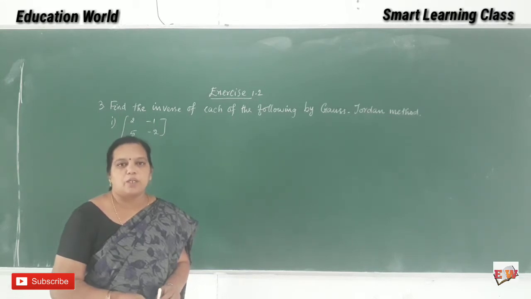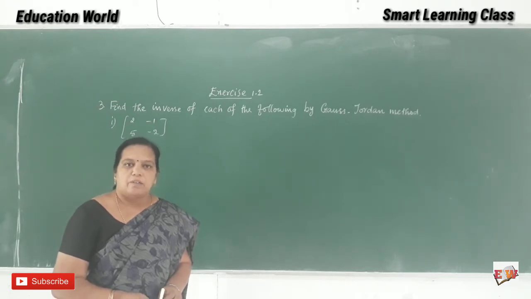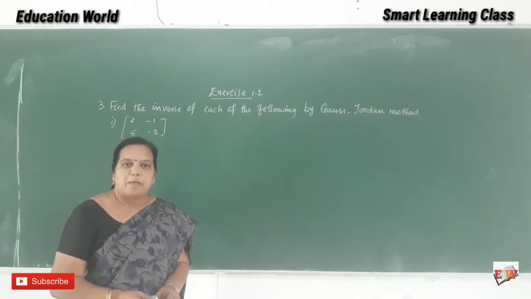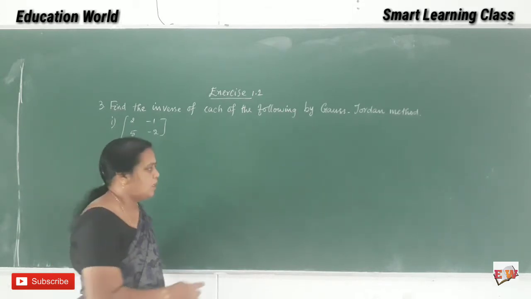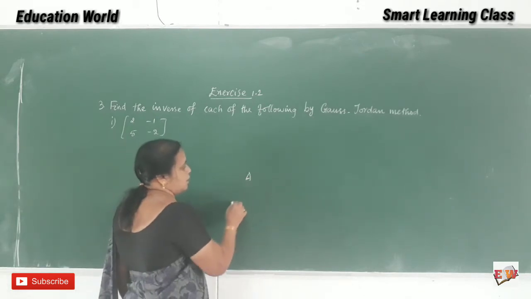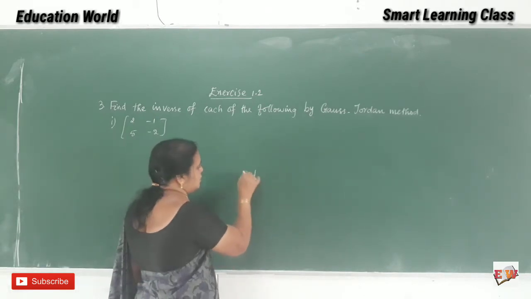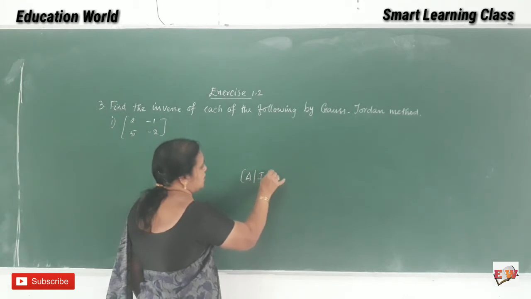If we post-multiply A, we get the pre-multiplying identity element with A inverse. So that is known as the A inverse. See, this is the augmented matrix.